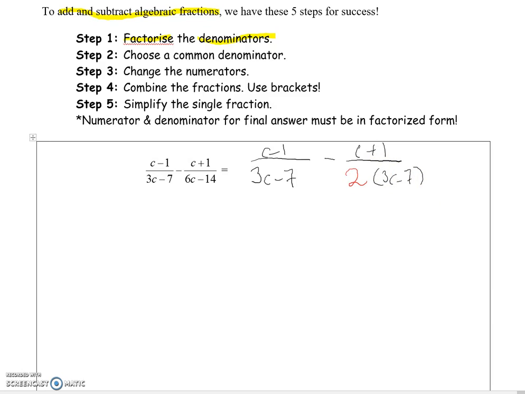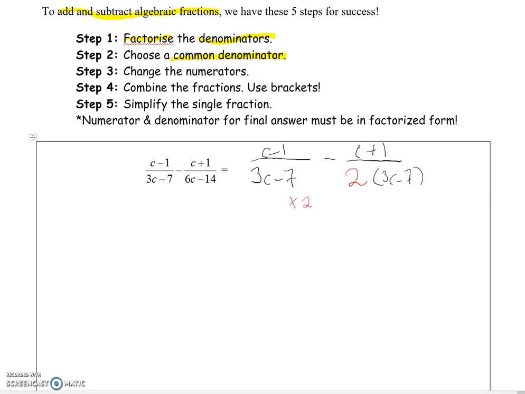Now, step 2, we need to choose a common denominator. By observing these denominators, 3c minus 7 and 2 times 3c minus 7, we realize that we can make the denominators the same by multiplying 2 to the denominator of the first fraction.